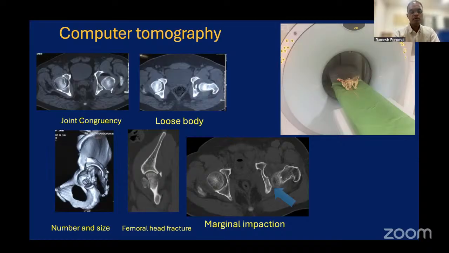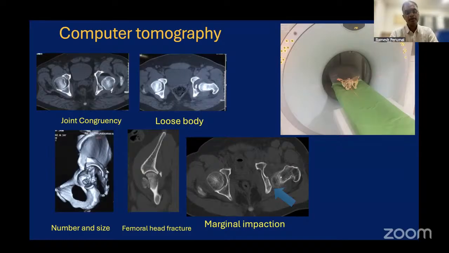Particularly in the posterior wall, the number and fragment size are very much appreciable in a CT scan, and associated femoral fractures, which are sometimes missed in an X-ray. Also, the most important finding in the posterior wall, in 25 to 30% of patients, is the presence of a marginal impaction. This warrants importance in the clinical outcome and in intraoperative decision making, by replacing the impacted fragment and also filling the defect with a bone graft.